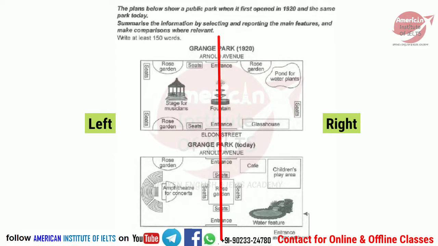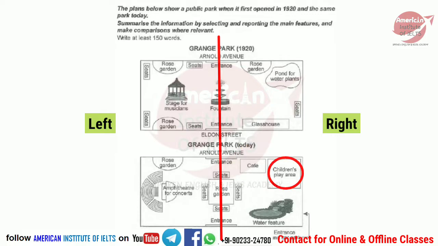The entrances are as they were. There is also an entrance for the underground car parking, so maybe you can enter from there. The glass house and seats have been replaced by a water feature. Then there is a cafe in the place of the rose garden, and a children's play area in the place of the pond for water plants.